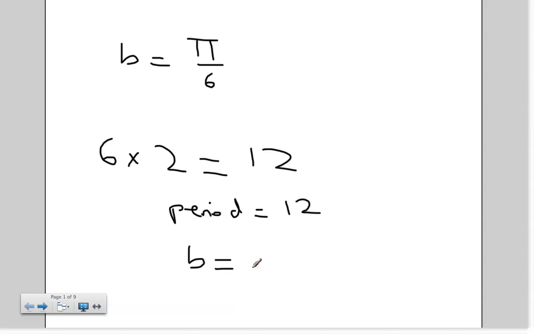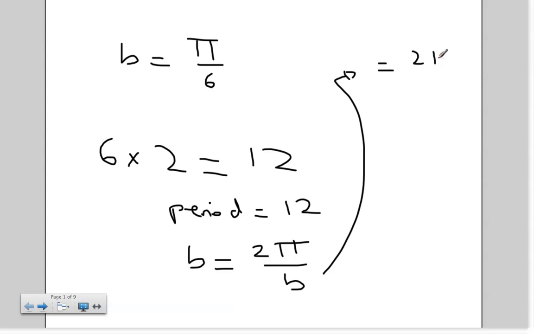Now 2 pi over b is the period of the general cos function. Now we're going to plug in 12 for the period. So we're going to get 2 pi over 12. And once we simplify this, we get pi over 6.